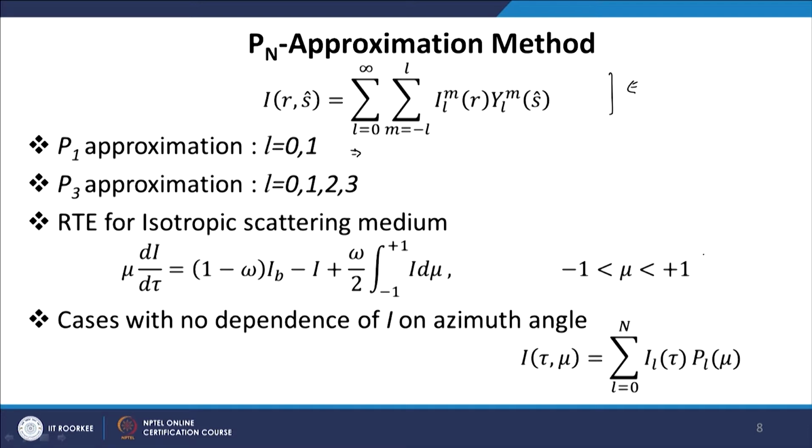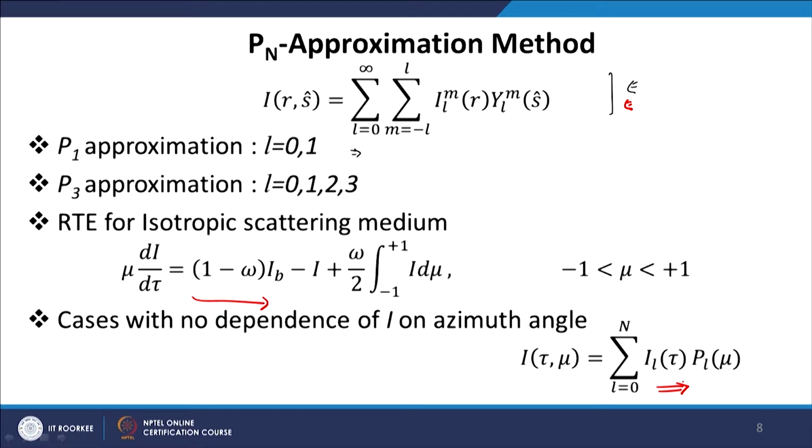We know the governing equation is given by this equation. In this equation we will substitute the expression for intensity in the form of the series. Here we will make one simplification.